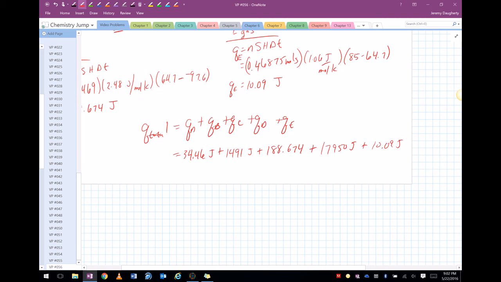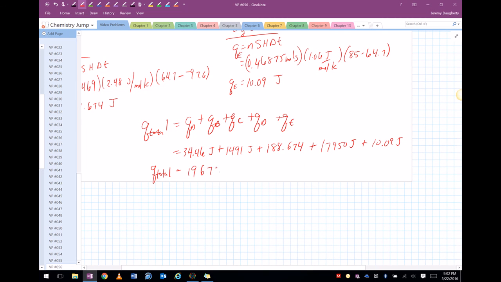All right, so when I add those all up, which I am assuming you can do easily as well, I get a value of my Q total is equal to 19,674, let's just call it like that, joules. So that's how much energy it takes to heat up, melt, heat up, vaporize, and heat up methanol.